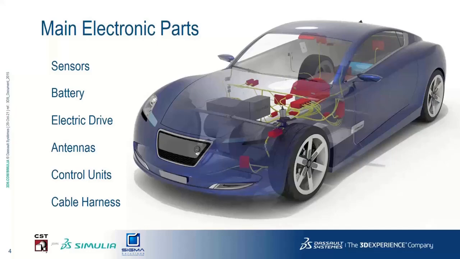Maybe one other comment here. We've been looking at electric vehicles, but I think it's very important to understand that electromagnetic simulation is not only applicable to electric vehicles. Even in conventional cars with a combustion engine, you still have antennas, you still have your electronic systems, you have sensors and everything.